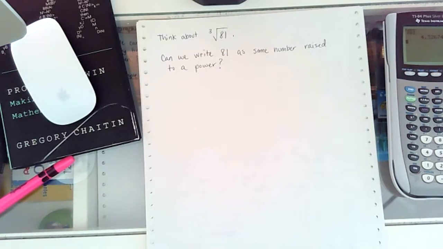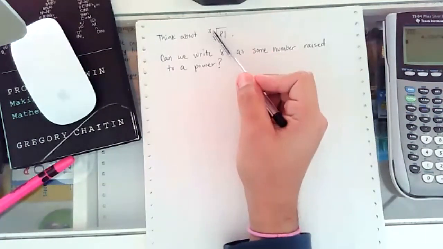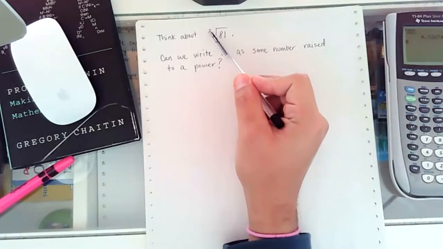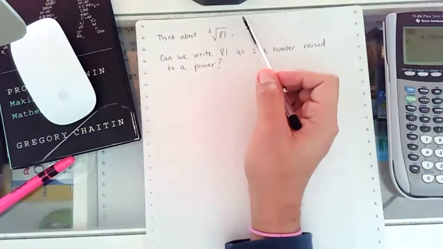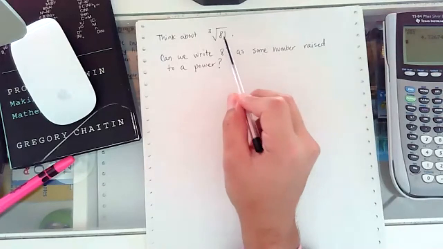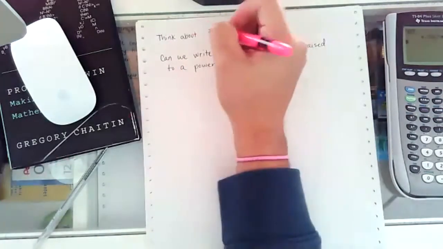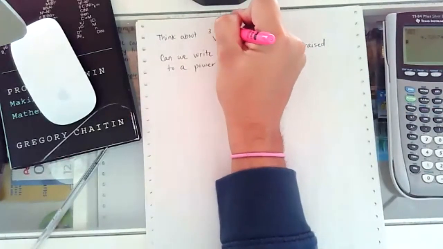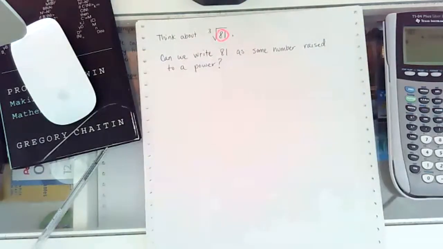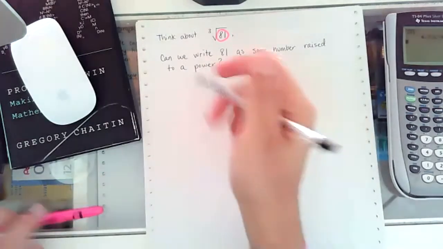Would that be raised to like 1/3? It could be the reciprocal. Yeah, you could definitely write this root as the 1/3 power. But what I'm asking is, just focusing on this number 81, can we write 81 as something raised to a power? 9 squared.